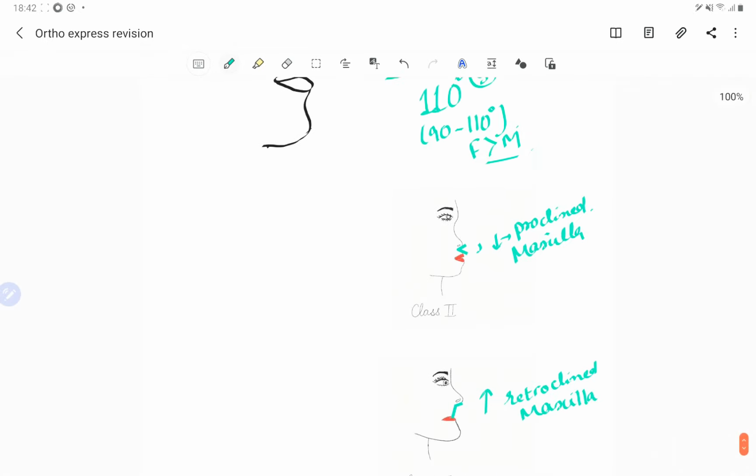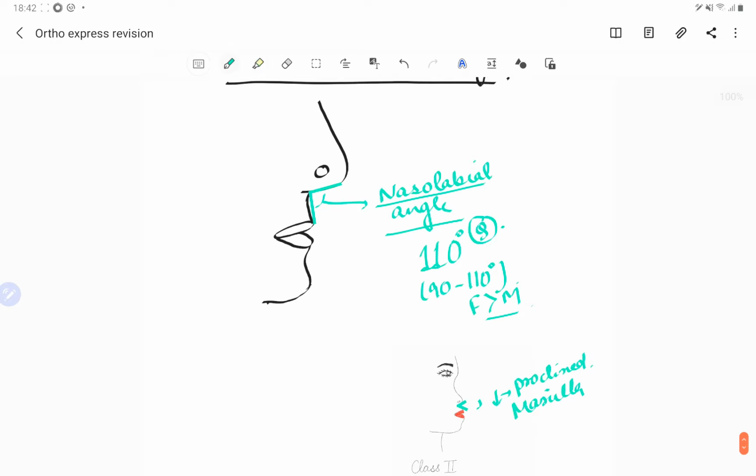So this is about the nasolabial angle, which is 90 to 100 degrees.